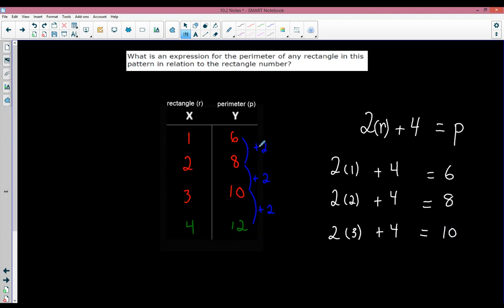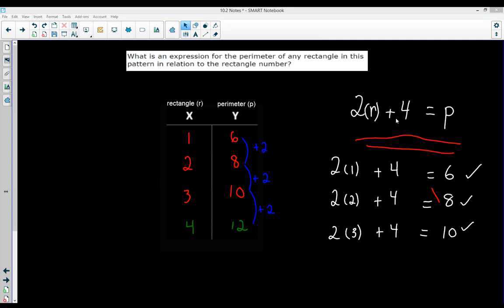Let's go back to our table of values, and sure enough, those match: 6, 8, 10. So we can safely say that this expression works. The expression for the perimeter of any rectangle as it relates to the rectangle number is 2r add 4. Again, we did it for 3 attempts, or 3 inputs. And as long as it works for 3, we know that this is the safe expression.